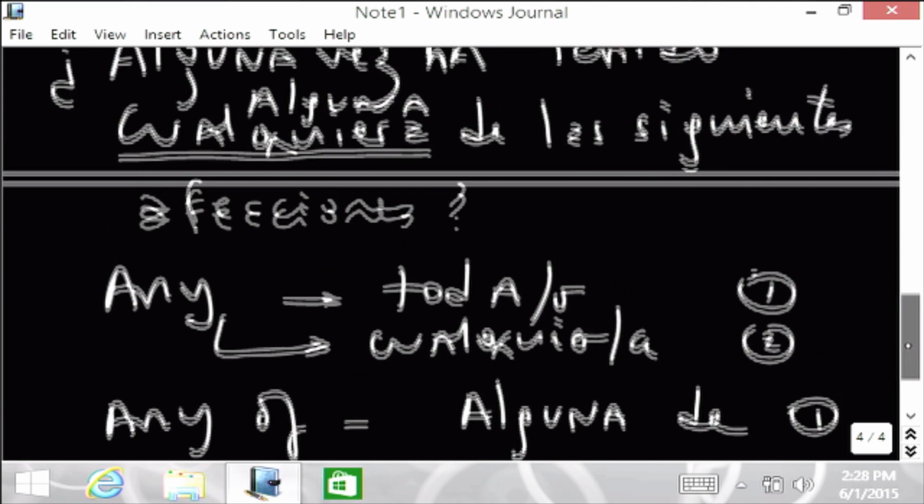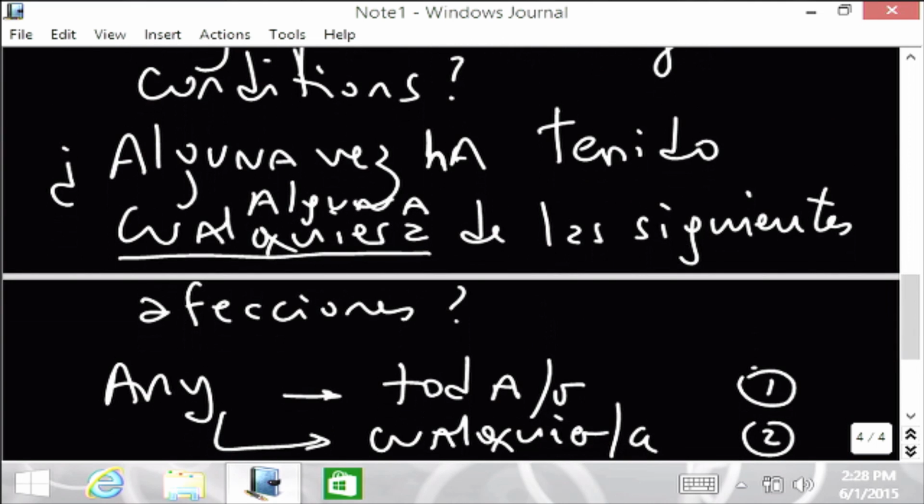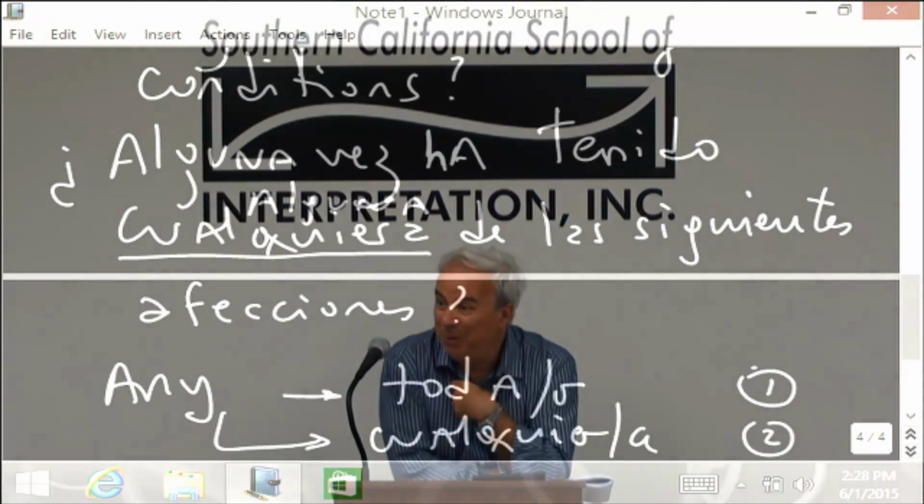There is also an interesting thing about the verb. ¿Alguna vez ha tenido alguna de las siguientes afecciones? There is a difference between have you ever had and have you ever experienced in Spanish, as well as in English. If I say, for example, have you ever experienced any of the following pains, or any of the following whatever. When you say experience, referring to pain particularly, we use for the verb to experience either sentir or padecer.